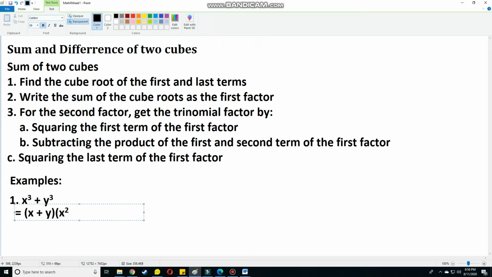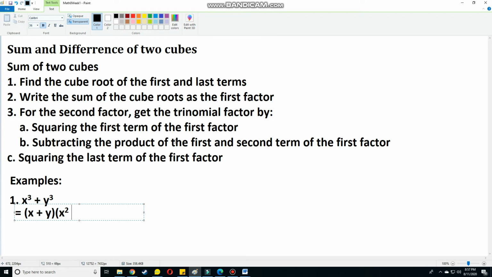And then let's follow letter B. Subtracting the product of the first and the second term of the first factor. The steps A, B, and C all refer to our first factor. So the first step, square the first term of the first factor: x raised to the second power, that's x squared.